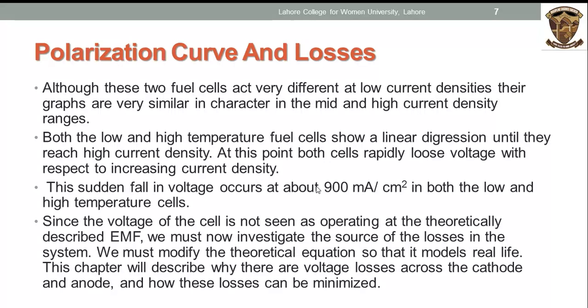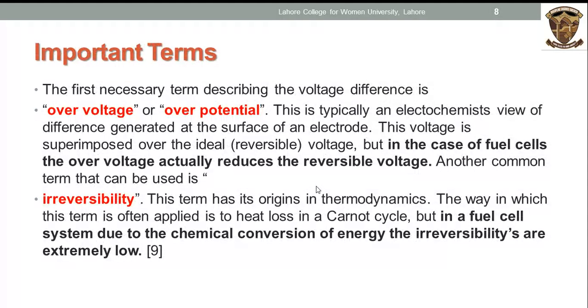So, in this lecture, we will describe why there are voltage losses across the cathode and anode and how these losses can be minimized. There must be some new terms, and you must know about them. These important terms are over voltage or over potential and irreversibility.